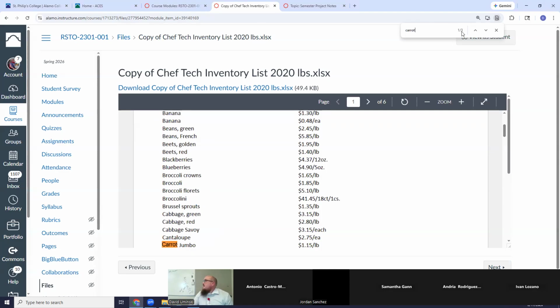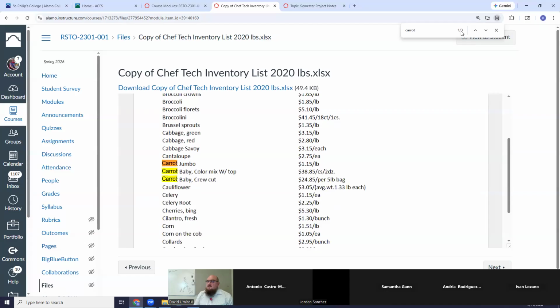You see where it says 1-3? That means carrot appears 3 different times in this document. And so I just hit enter and it takes me to those 3 times that the word carrot appears in my document.